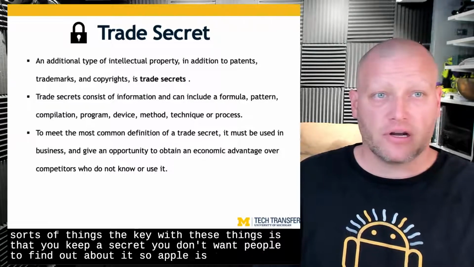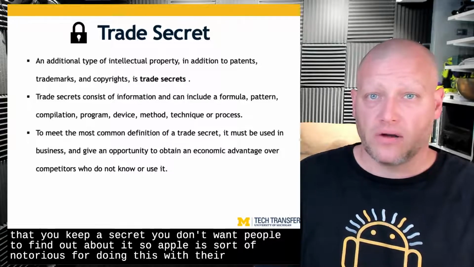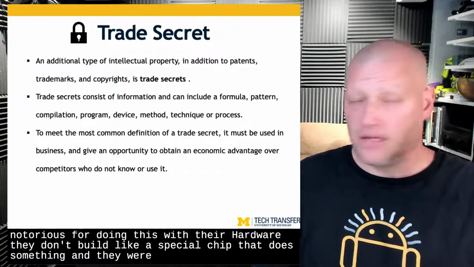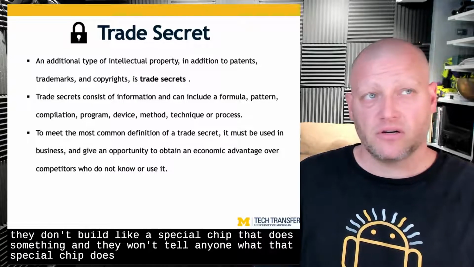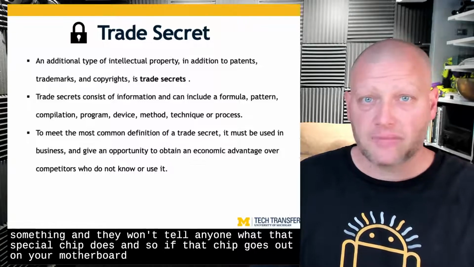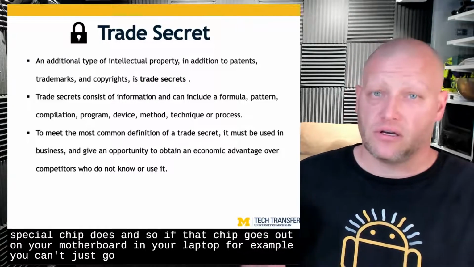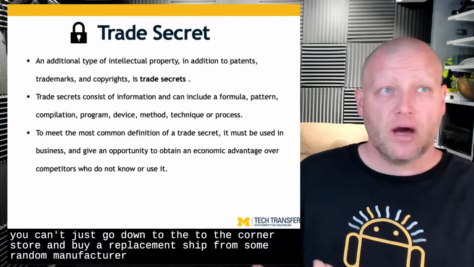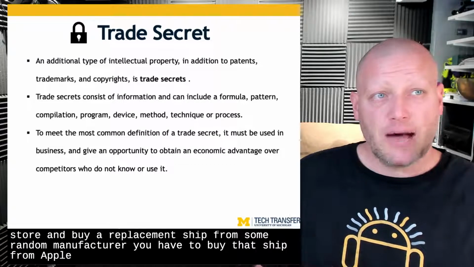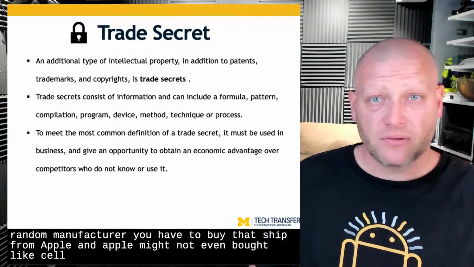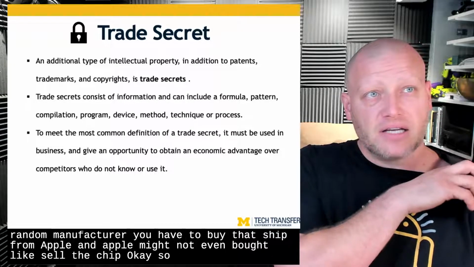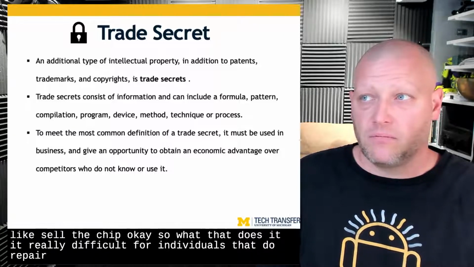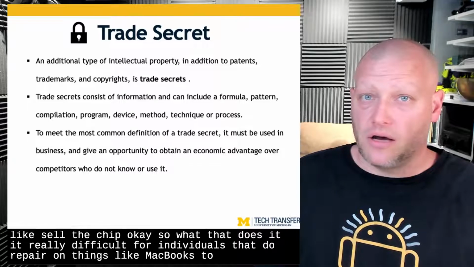Apple is sort of notorious for doing this with their hardware. They'll build a special chip that does something, and they won't tell anyone what that special chip does. So if that chip goes out on the motherboard in your laptop, for example, you can't just go down to the corner store and buy a replacement chip from some random manufacturer. You have to buy that chip from Apple, and Apple might not even sell the chip. That makes it really difficult for individuals that do repair on things like MacBooks to find replacement parts.